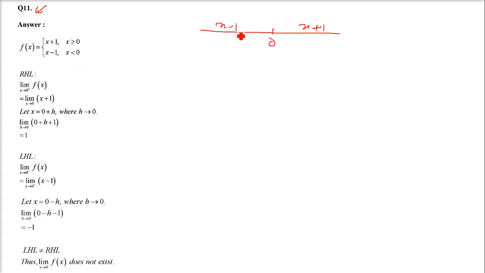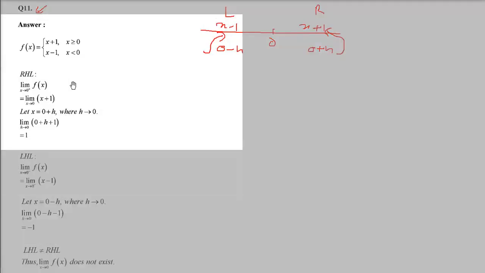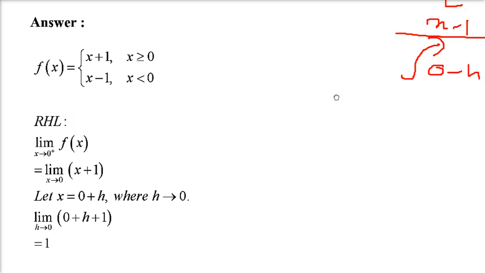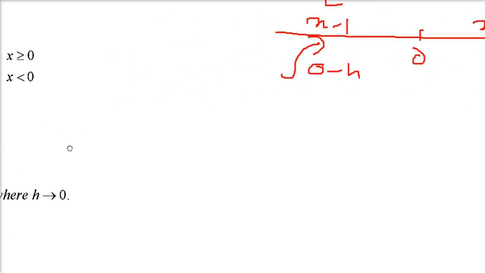So you have x minus 1 and x plus 1. For the left hand limit we put 0 minus h in the x minus 1 function, and for the right hand limit, when we are talking about 0 plus, you have to take the x plus 1 function.